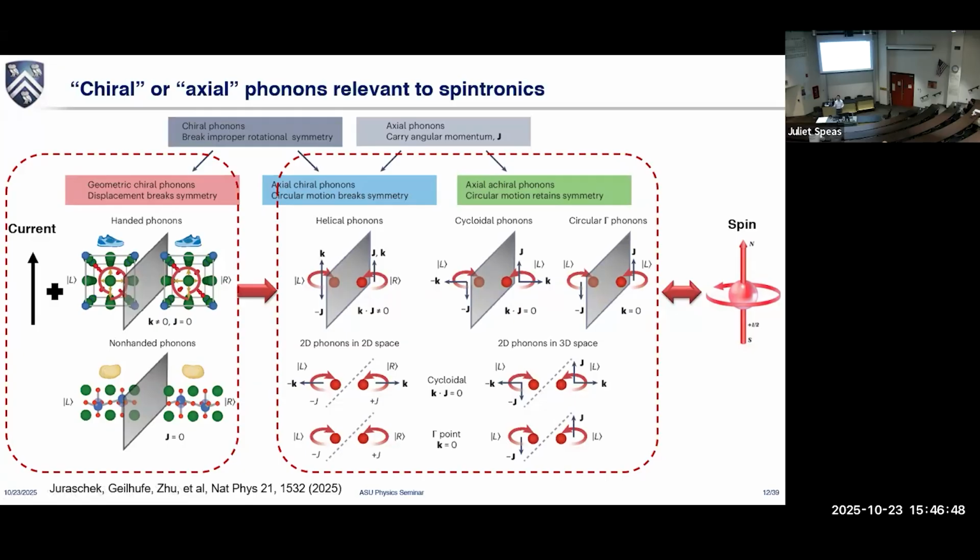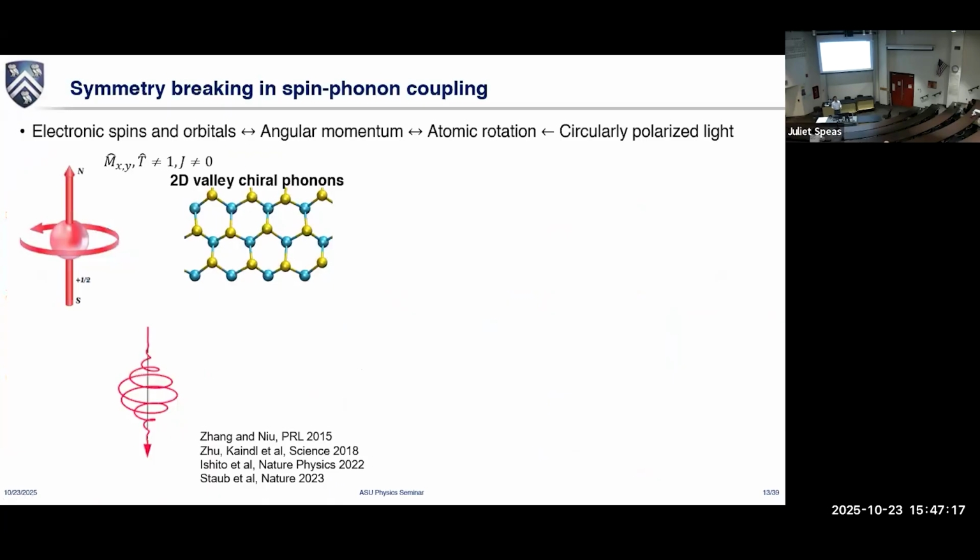That is basically saying that in any condensed matter system, one would need to consider the chirality of phonons whenever you talk about spin phenomena, and if the system exhibits strong spin-lattice coupling or electron-phonon coupling.